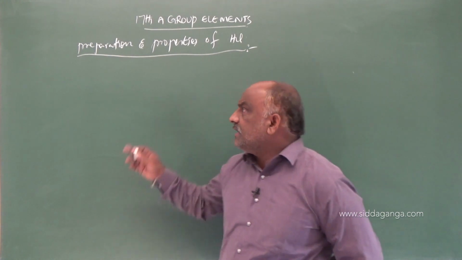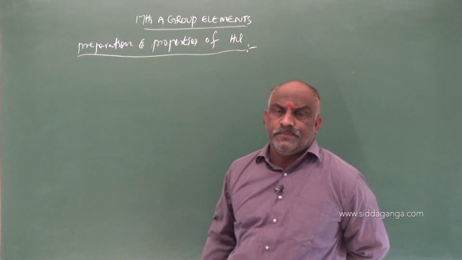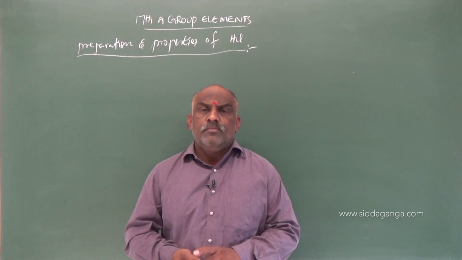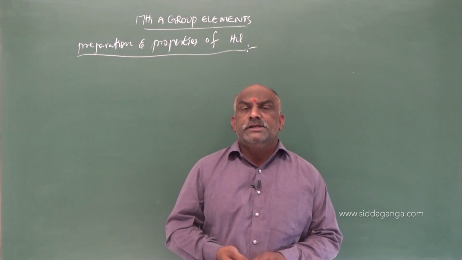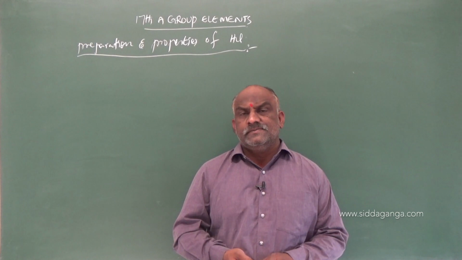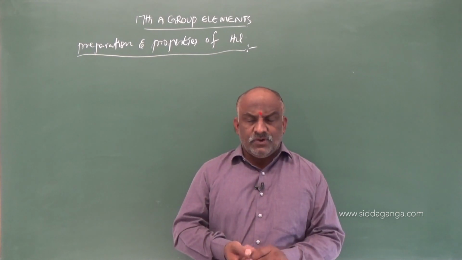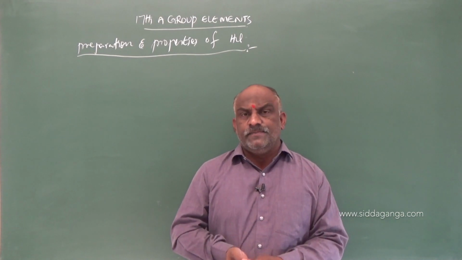The molecular formula of hydrochloric acid is HCl. HCl is an example of a covalent compound. Between hydrogen and chlorine, a single covalent bond takes place. Hydrochloric acid is a strong acid.